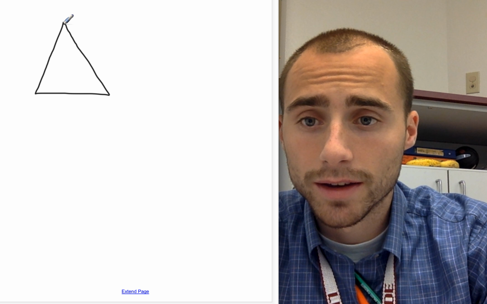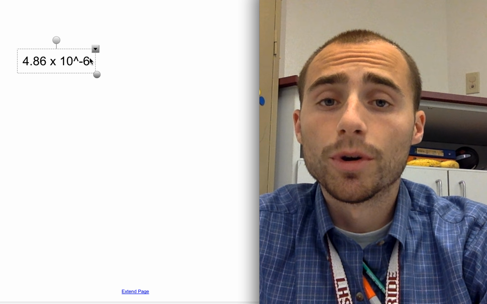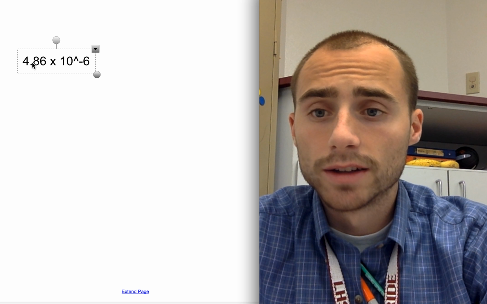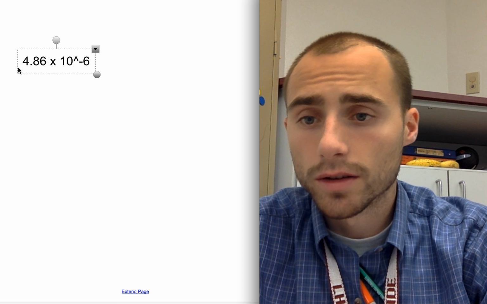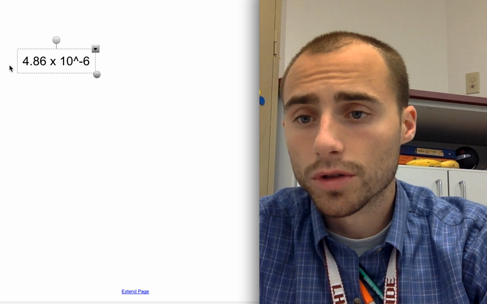It's negative 6, so the number we end up with has to be less than 1. You'd move the decimal 1, 2, 3, 4, 5, 6 times. You'd end up with 0.00000486. Because you're moving the decimal 6 times, you end up with 5 additional zeros.